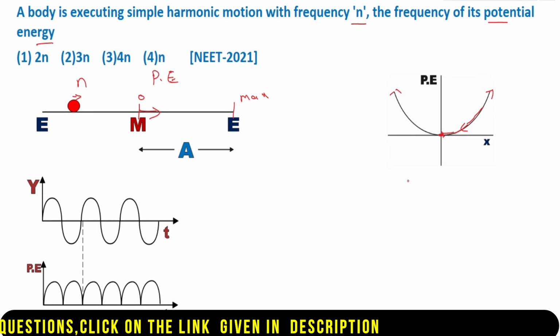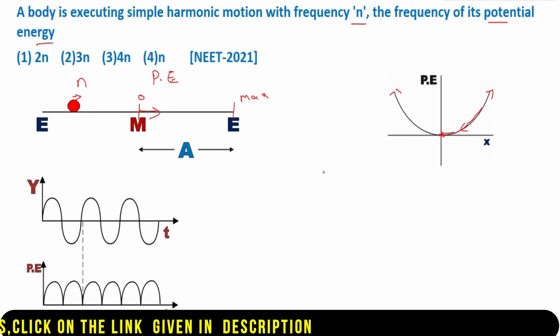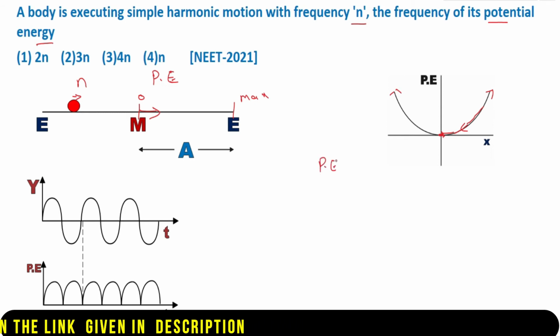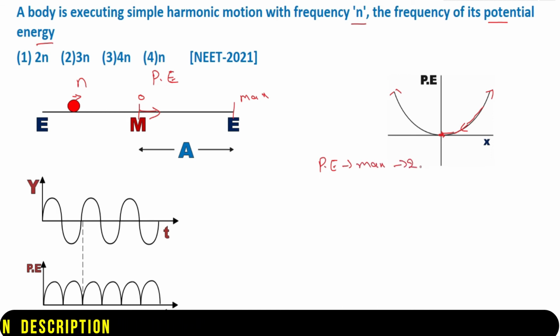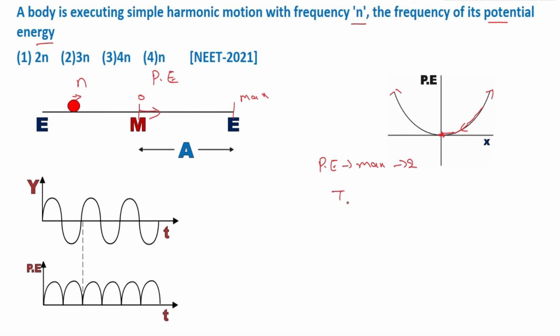We can clearly notice that for one oscillation, the potential energy reaches its maximum value twice. That is, if the time period of oscillation is T, then the time period of variation in potential energy will be T by 2. That is, if the frequency of oscillation is n, then the frequency of variation in potential energy will be 2n. So the answer is 2n.